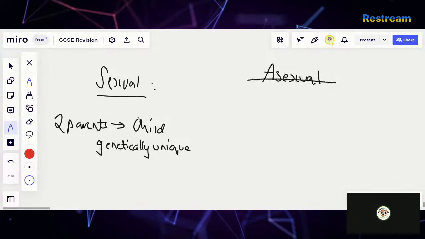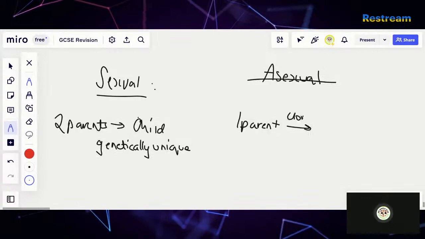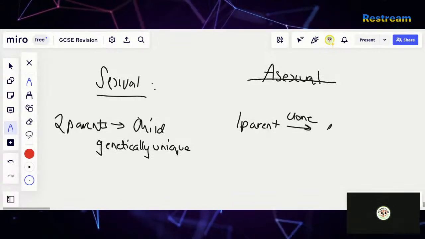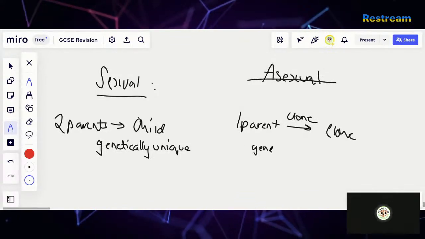For asexual, we have one parent and it forms a clone of the parent. So you just get the clone. This means that they're genetically identical.